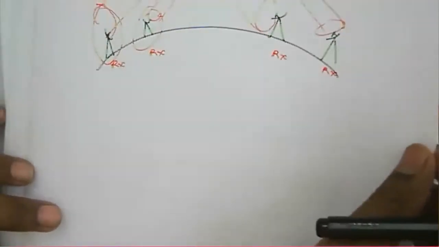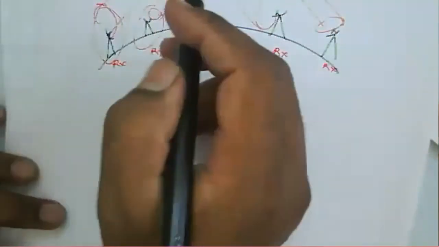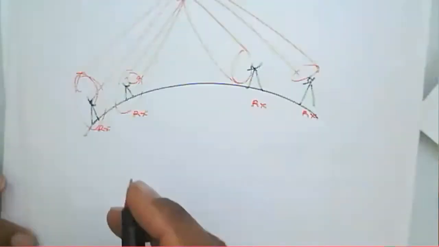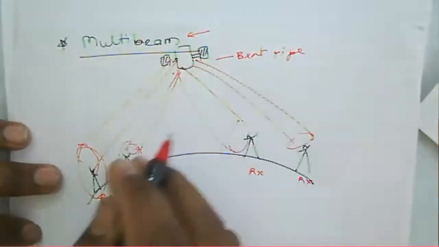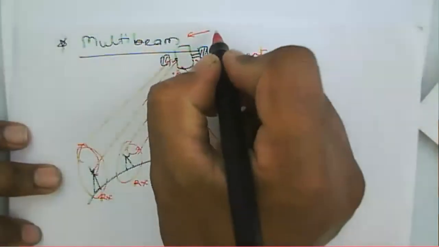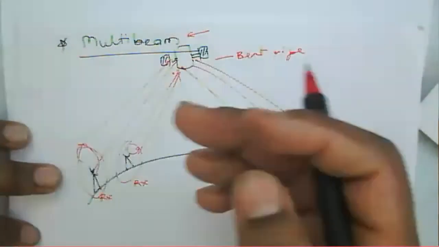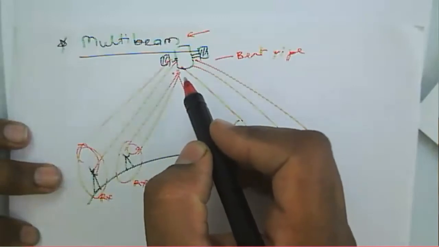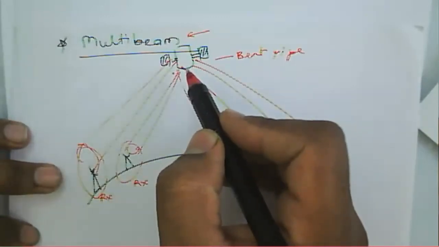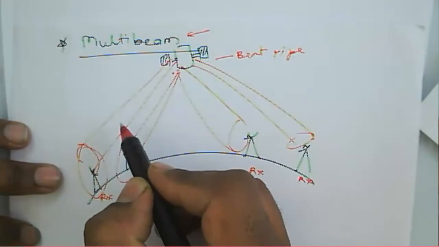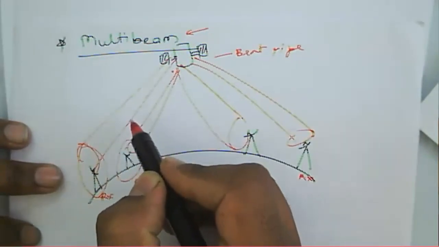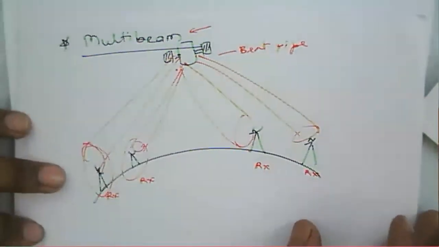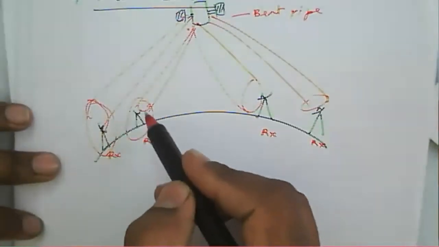So that's why I say the number of beams depends upon how many reflectors we are using. If we are using a multi beam antenna, we get multiple spots, so frequency reuse can be done using the multiple beams. One beam can be used for one application, another beam for another application. Likewise, we have multiple beams using the same frequency.